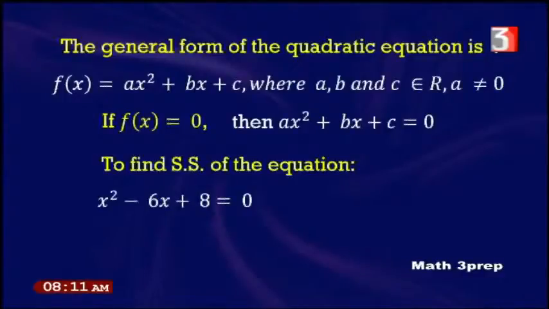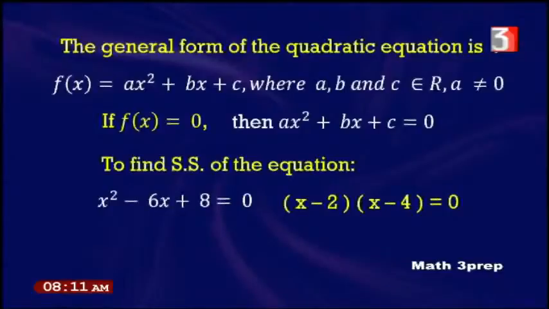Which group are you going to choose? You are going to choose the second group, which is 2 multiplied by 4. Why? Because their sum will be equal to 6, which is the middle term. So the factorization will be x minus 2, x minus 4 equals 0.